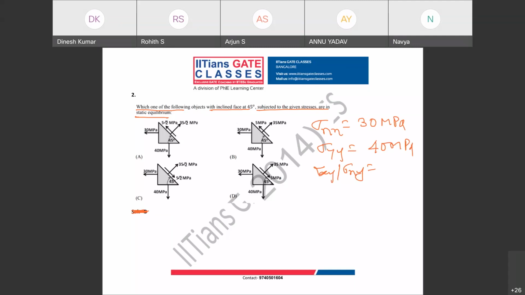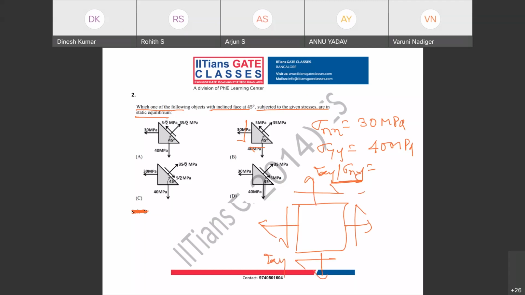What is the shear stress in the xy plane?